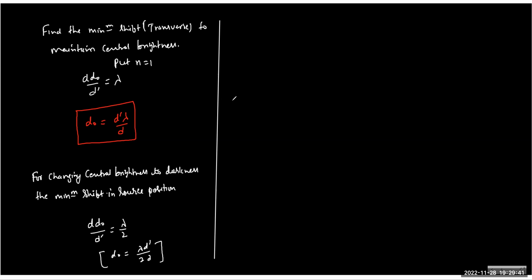So the question is how to find the count. Count is very simple. There are two ways. One I will show you mathematically, then I'll show you common sense. So mathematically, we'll start with the count of bright and dark fringes on the screen.